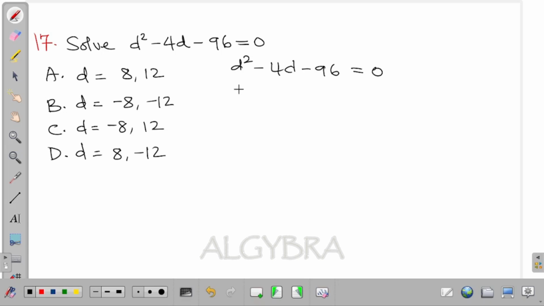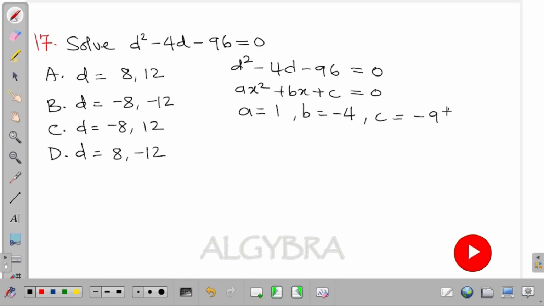This is similar to the quadratic equation of the form ax squared plus bx plus c equals 0, where in this case a is equal to 1, b is equal to negative 4, and c is equal to negative 96.